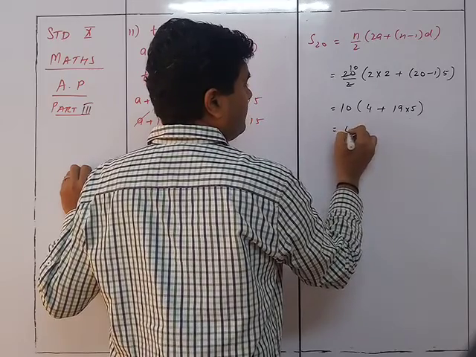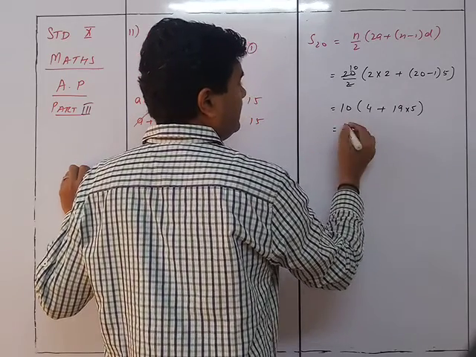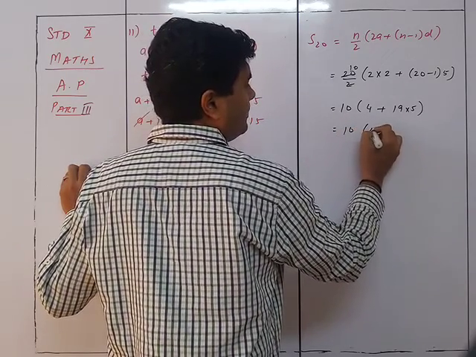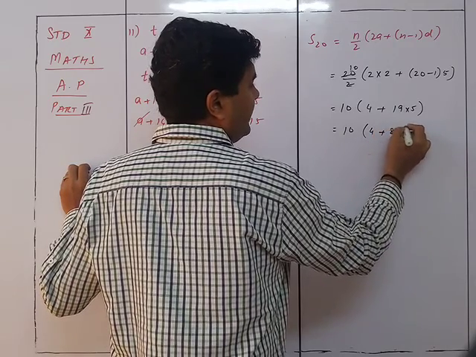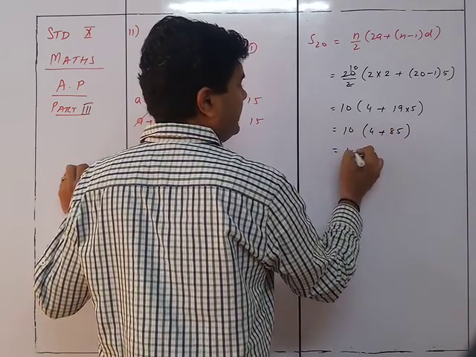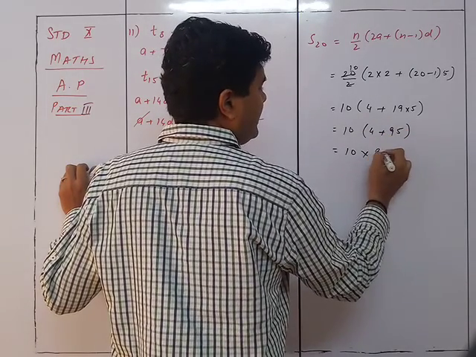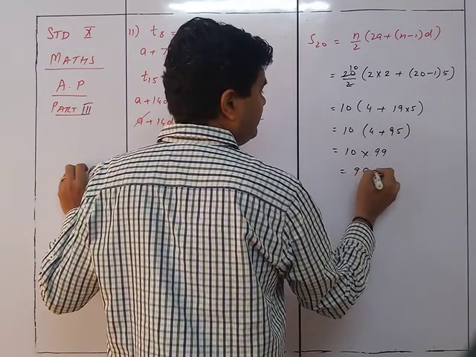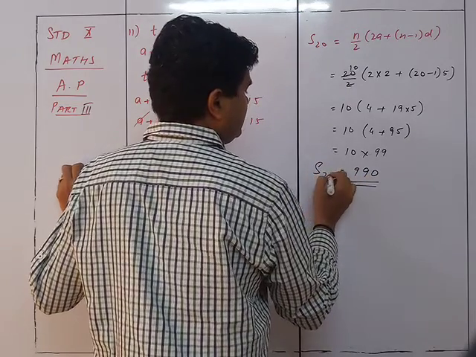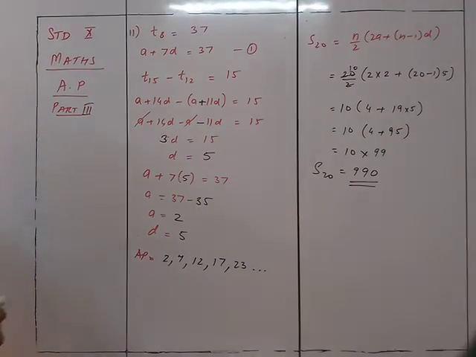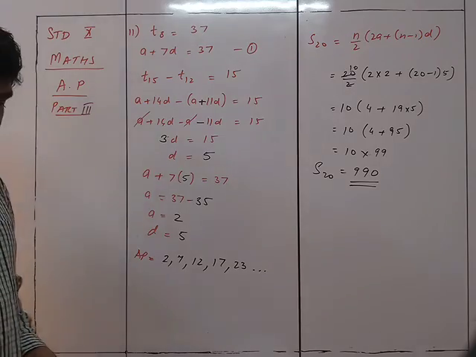So it is 10 into 4 plus 95. So it is 10 into 99 is equals to 990. So that's S20. That was sum number 11.